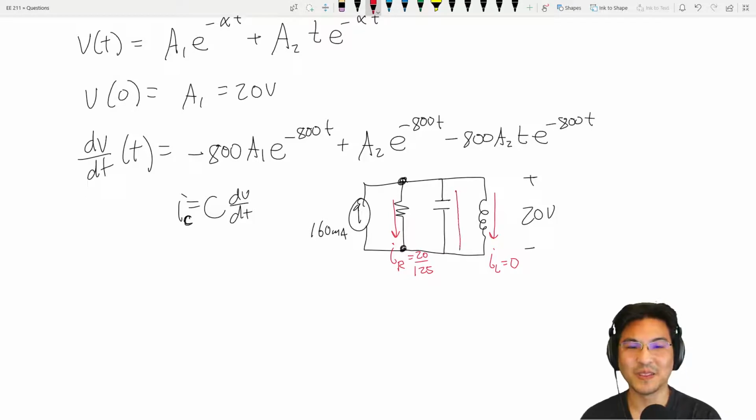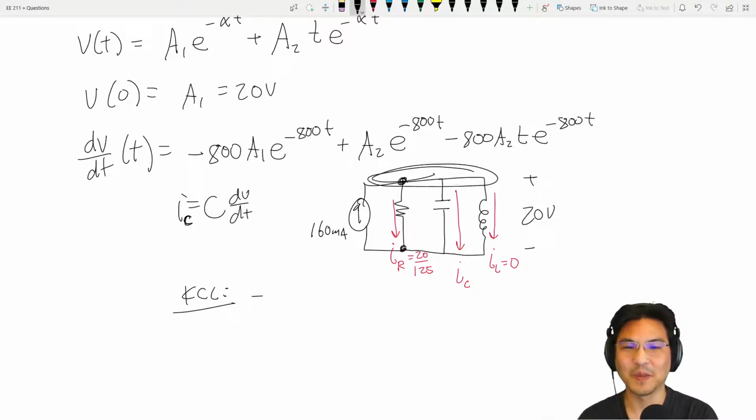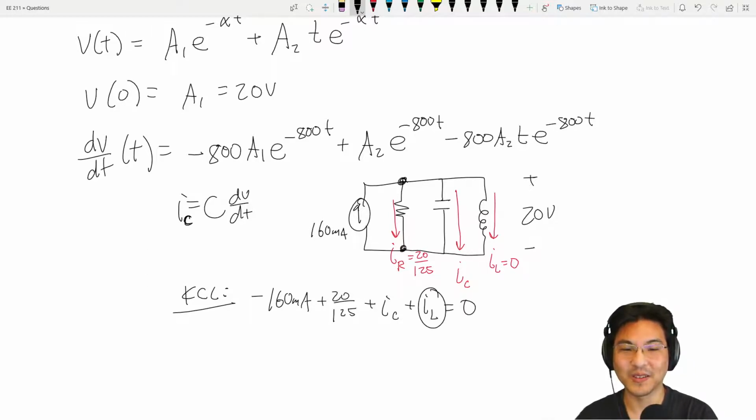So then what is this? It's the leftovers, right? So just KCL. Let's say from the top node going down is positive. So negative 160 plus 20 over 125 plus I for the capacitor plus current for the inductor is 0, and this is 0.